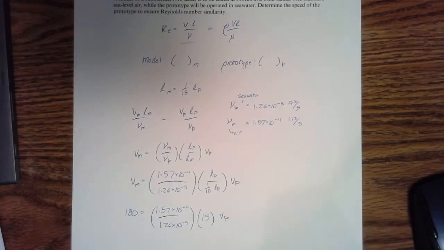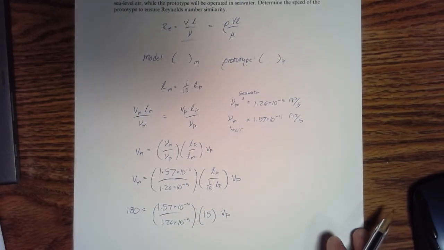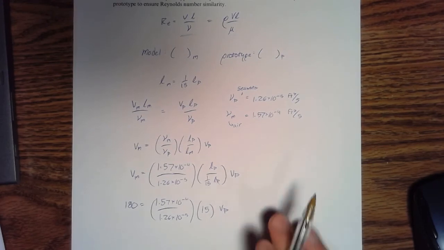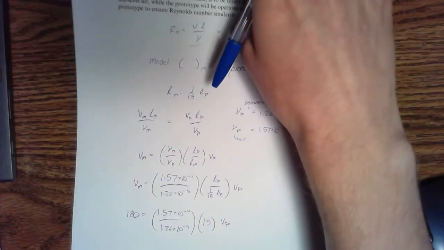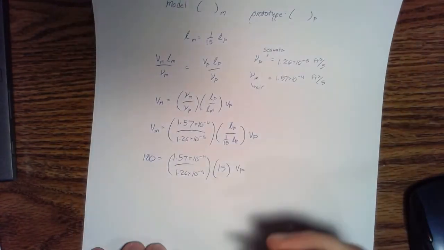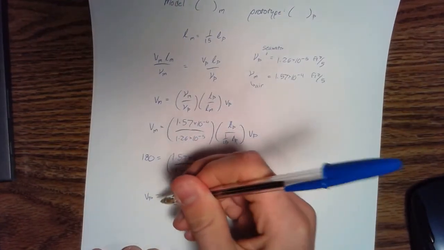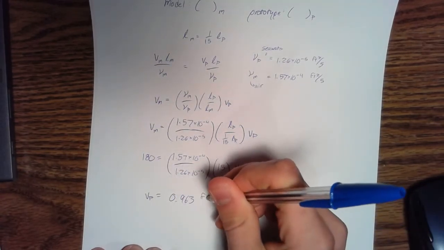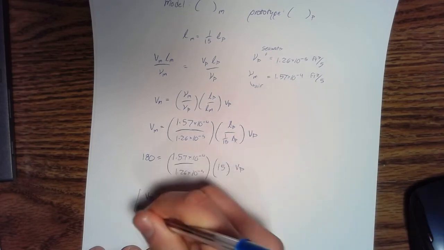And then Vp is what we're solving for, right? How fast is the prototype moving for similarity with what we've tested in the lab? Then you just plug into your calculator and you'll get Vp as 0.963 feet per second. And there's your answer.